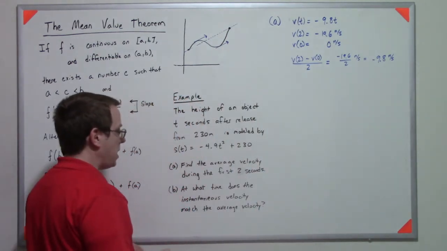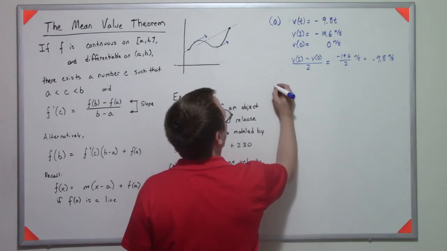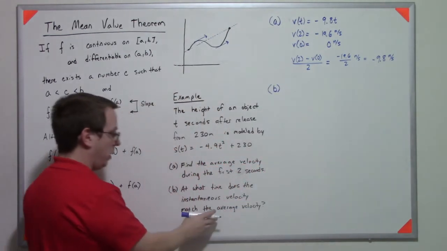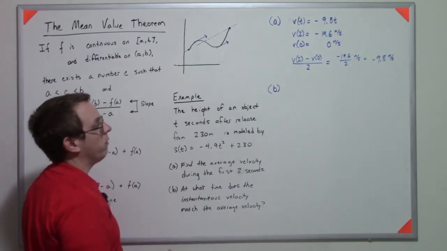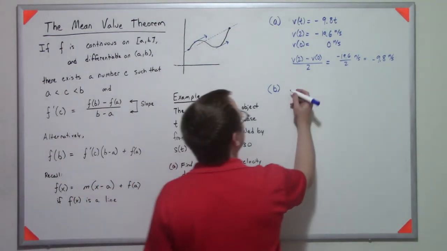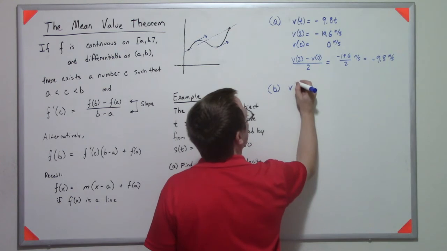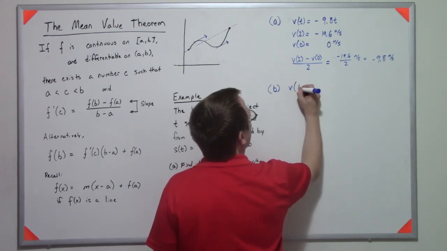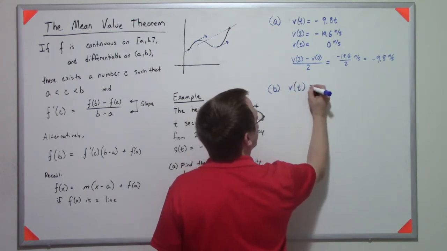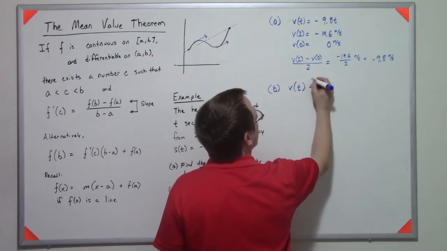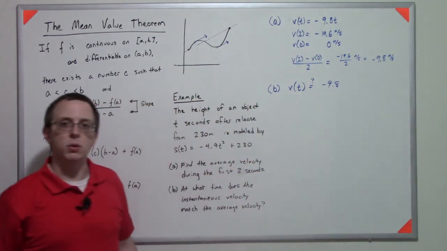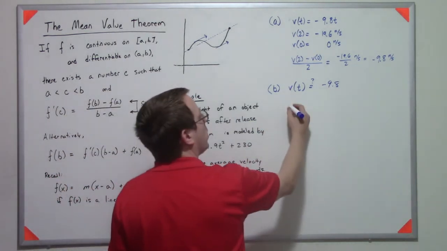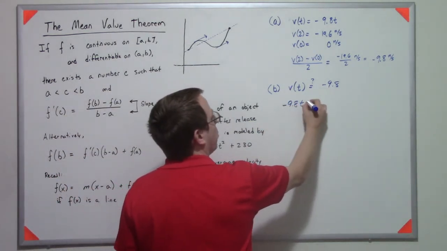Now for part B, we want to figure out at what time point does the instantaneous velocity match the average velocity. So in this particular case, I want to know when the velocity is equal to negative 9.8. Well, I know the velocity is negative 9.8 t.